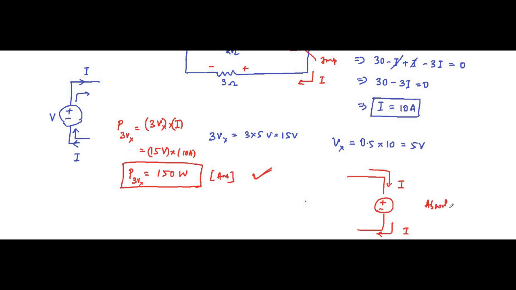That is very important. I have said it many times. When current flows into positive, away from the negative, that is absorbing power. When it is flowing away from positive into negative, it is supplying power. This basic understanding is also important.